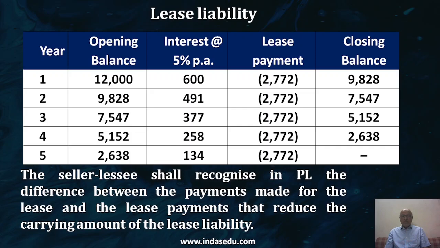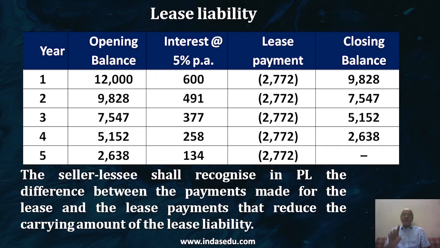For example, if the seller lessee pays rupees 3,000 for the use of the asset in the first year, it recognizes 228, that is 3,000 minus 2,772, in the profit and loss as variable lease payments, which is not included in the measurement of lease liability.